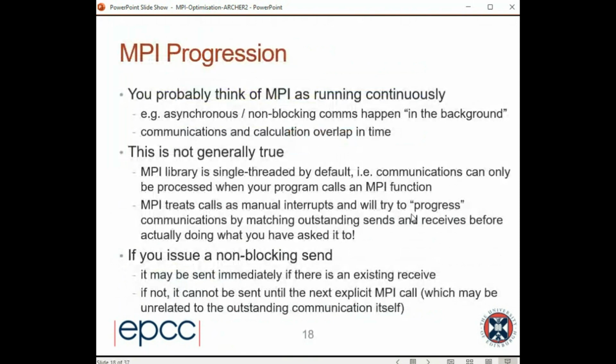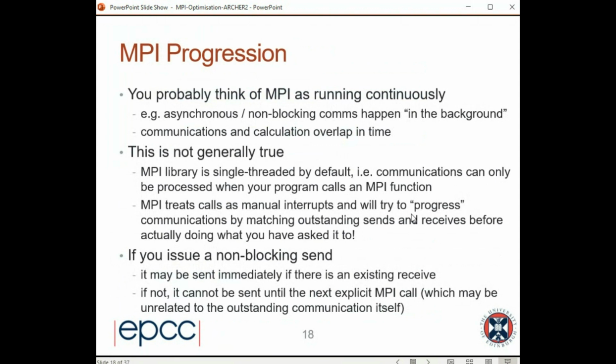But there is a final case here which I put in because it's not obvious, but it's a real effect. And it comes about because you probably think of MPI as running continuously. You think of MPI as being a universal postmaster running in the background, processing messages. And I've already mentioned that's probably not true. But in this view of the world, you think of asynchronous and non-blocking communications happening in the background.